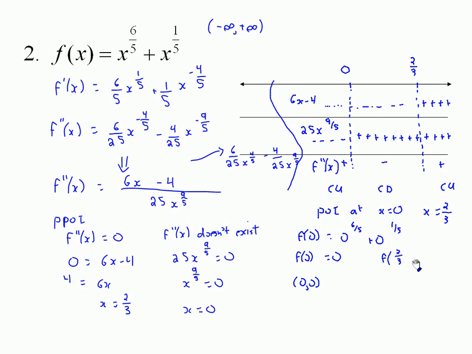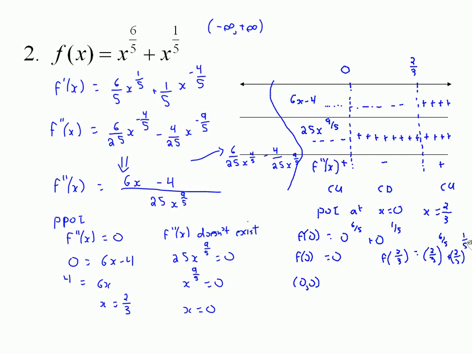And then the next one, f at 2/3. Well, did I give instructions for rounding on this one? Can't remember, but I think we better take this one to the nearest decimal, because that's going to be a nasty one. So f at 2/3 would be equal to 2/3 to the 6/5 plus 2/3 to the 1/5. So I'm just going to run that through my calculator, cheat a little bit.